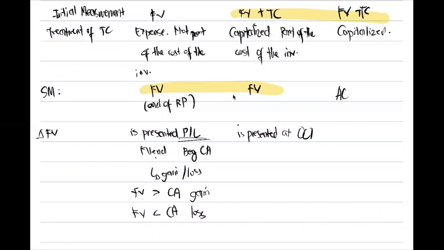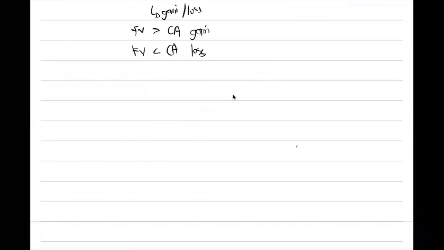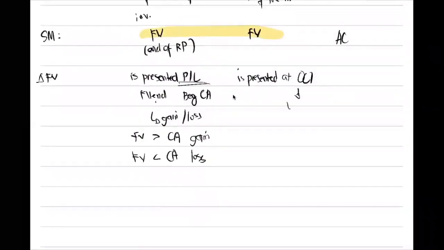We only have 5 items as items of OCI. One item is the changes in fair value of investments measured at fair value through other comprehensive income. The item is presented in OCI, and OCI is an item of equity, di ba? So in case, guys, you are asked, what is the gain or loss presented in equity? That is the OCI.